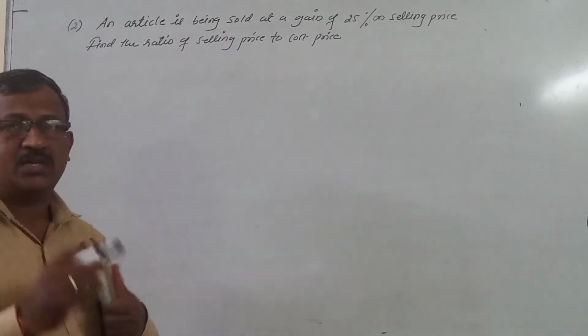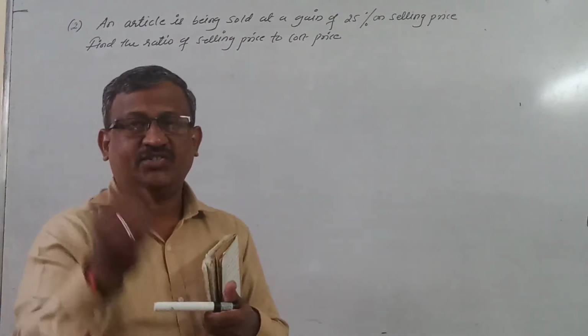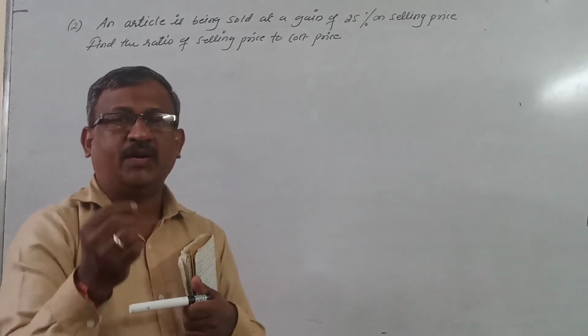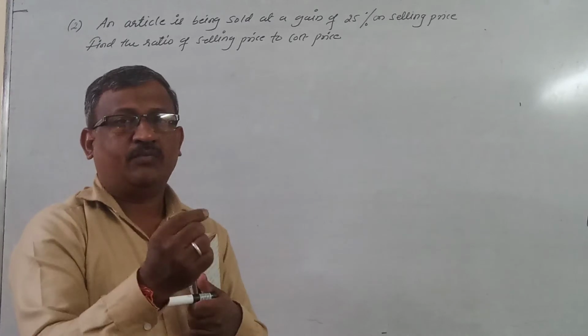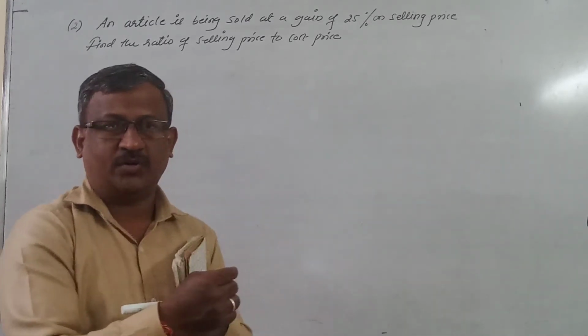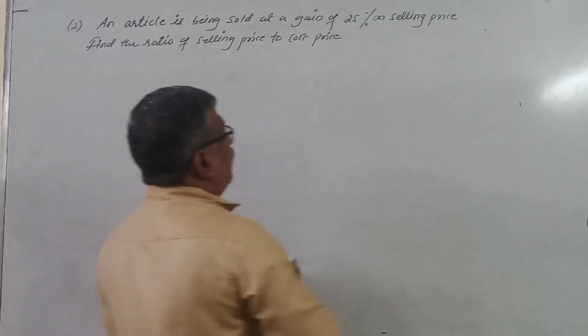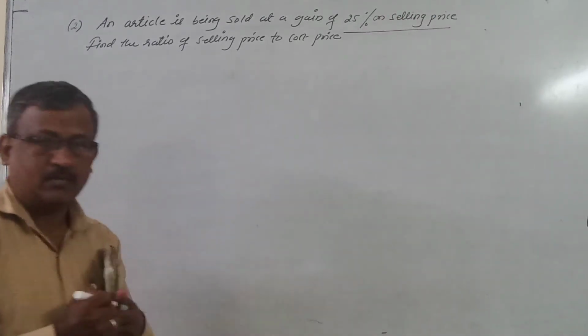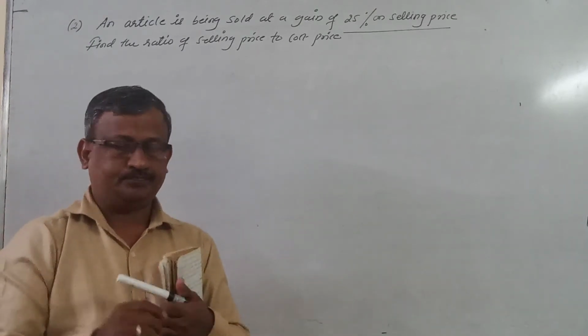Again the problem is the same, but they have made a slight change. In the previous problem it was 25% profit, but it was not mentioned whether it was on cost price or on selling price. But here they have mentioned it: you want 25% profit on which price? On selling price. This is the change.